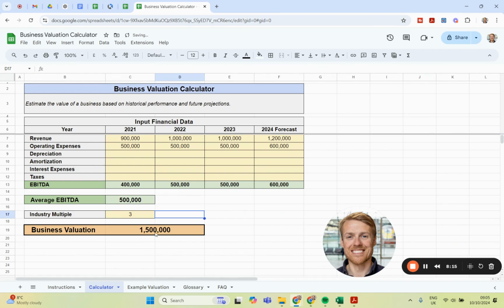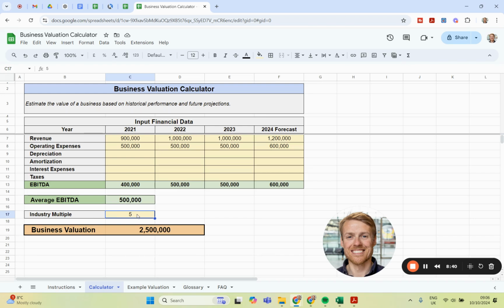Now you can see already how much of an impact the multiple has on the overall value of a business. Just going from 3 to 5 adds an extra million to the valuation, and that's with no other numbers changing. So both the buyer and the seller have strong incentives to get a multiple that works in their favor.